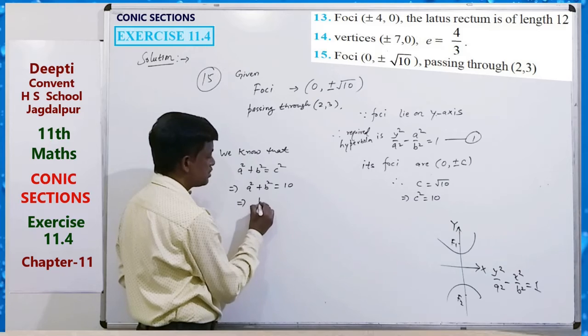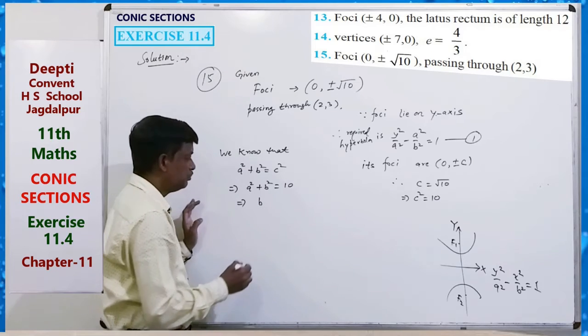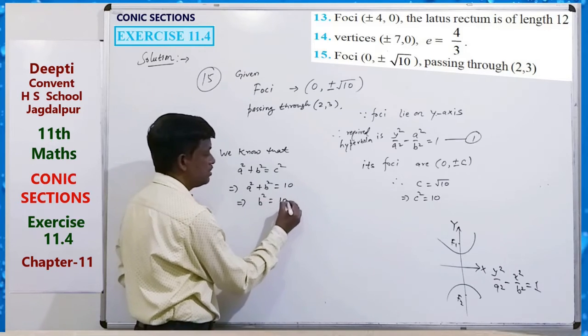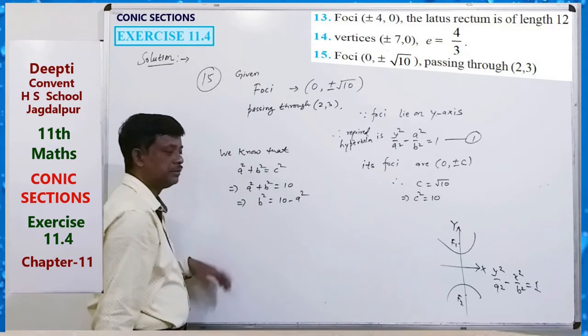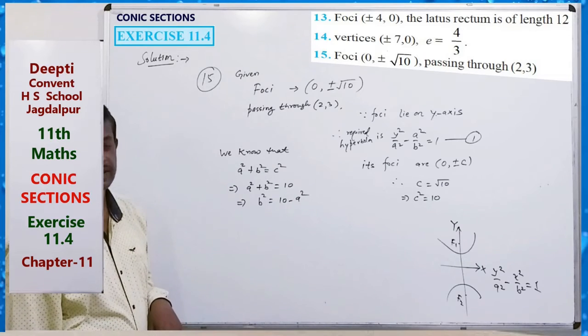So from here we can write b square equals 10 minus a square. Clear?